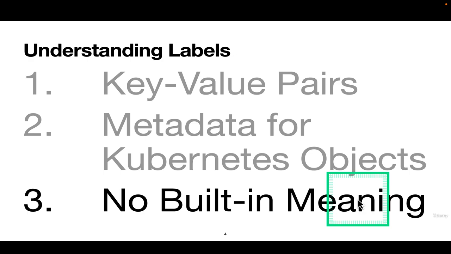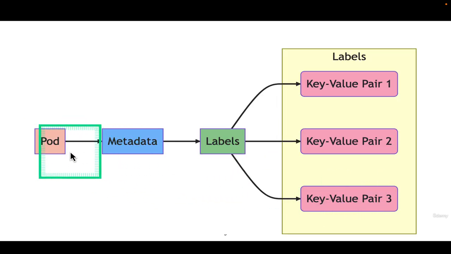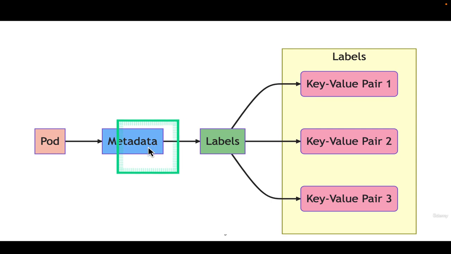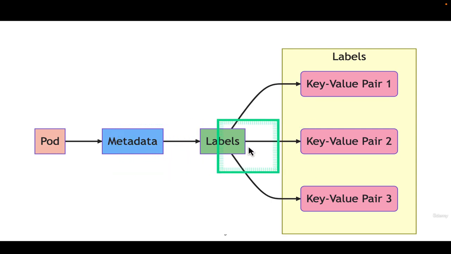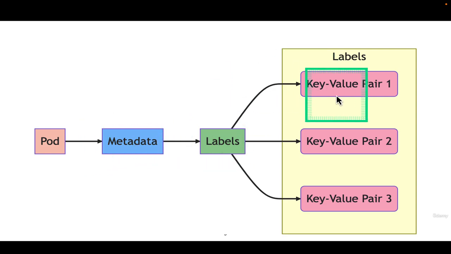This is totally arbitrary. You can assign whatever key value pair label to any object. Inside the metadata section under the YAML, you will find the labels. Metadata is the top field, labels is a subfield, and then you define the key value pair.